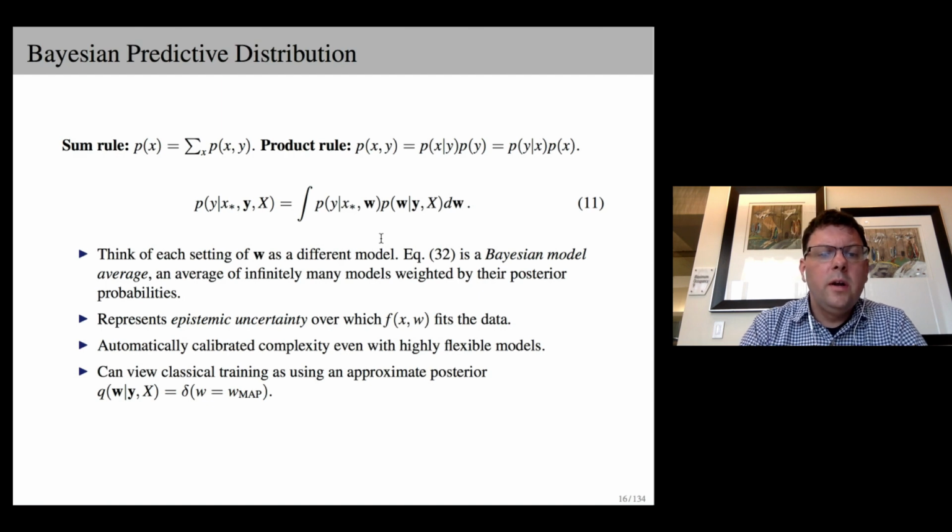We can also view classical training as a special case of this approach, where we have an approximate posterior Q of W given our data Y equal to just a point mass, a delta function centered on the MAP, the regularized maximum likelihood solution of parameters. We can see that if we substitute this in, we're just going to get our conditional predictive distribution given those maximum likelihood or MAP parameters.